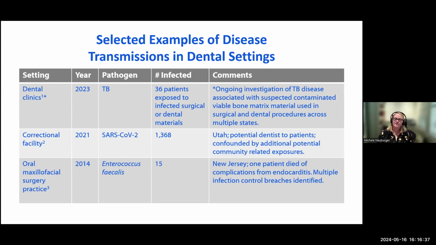But this is an example of something where you can see in a congregate living facility how quickly things can spread among the people living there. And potentially, this was a case where dental personnel was positive with SARS-CoV-2, and potentially was one of the contributing factors to an outbreak in this correctional facility.